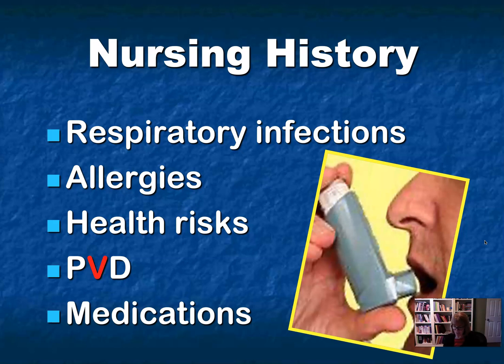Medications that they're on, for example, bronchodilators, anti-inflammatories, cardiac meds, over-the-counter meds, heart meds, any opioids that can decrease their respiratory rate are important things for us to know that exist related simply to their history.